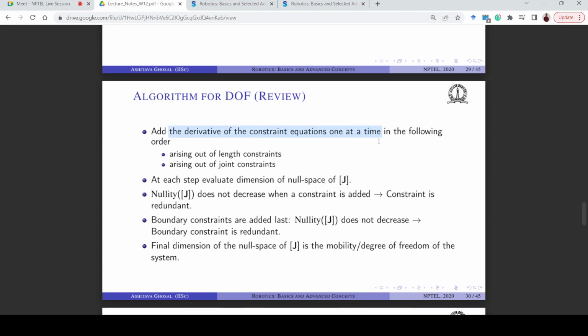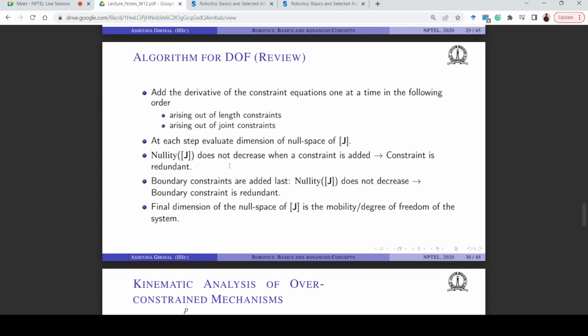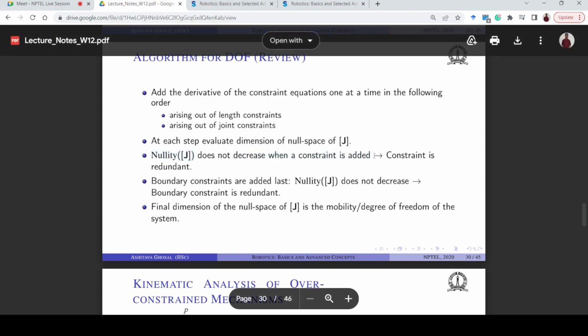Keep taking constraints, keep stacking them up, and keep calculating the dimension of the null space, and the final dimension of the null space is the degree of freedom. Again, you have to leave out the constraints that do not change the nullity, because they are redundant and not required.